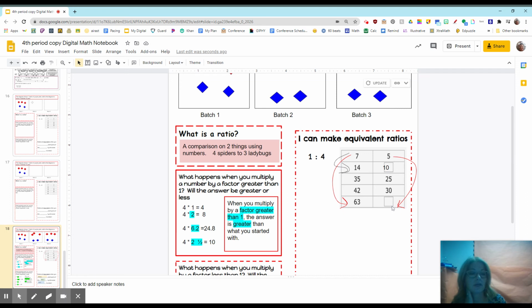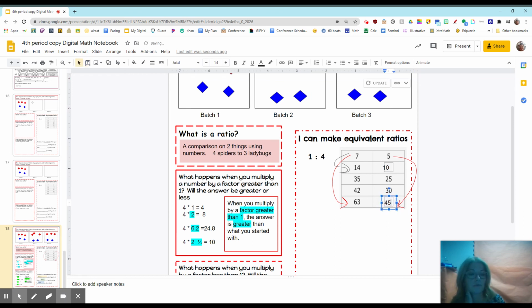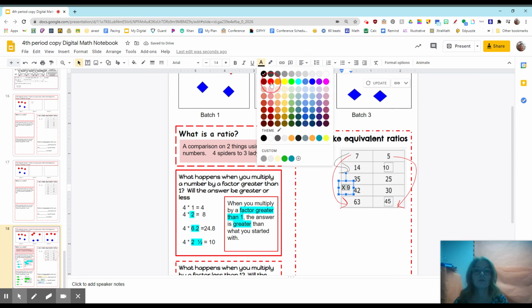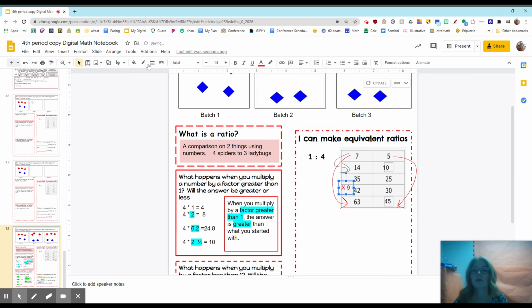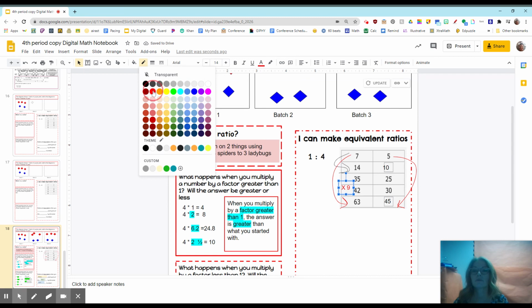So 5 times 9 is 45. Okay. And I'm going to do a little box right here that says times 9. And then I want all of that to be red so it stands out.